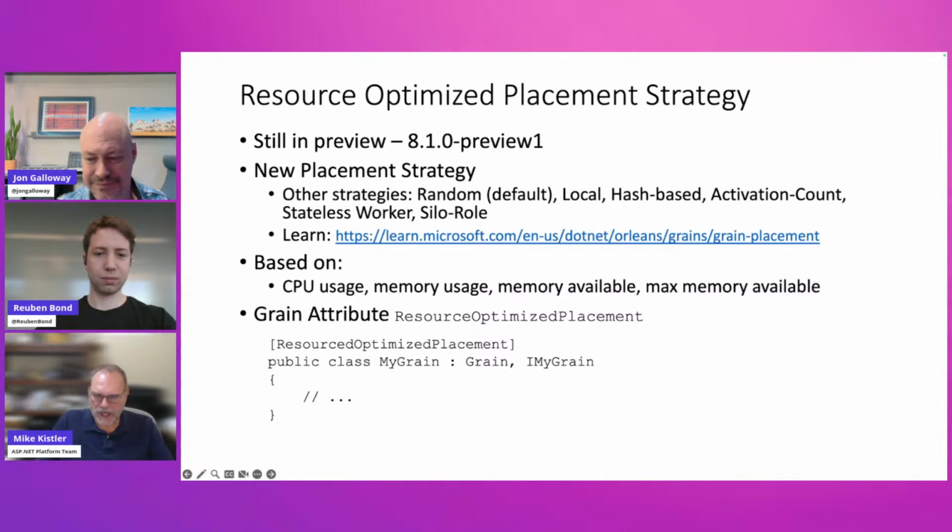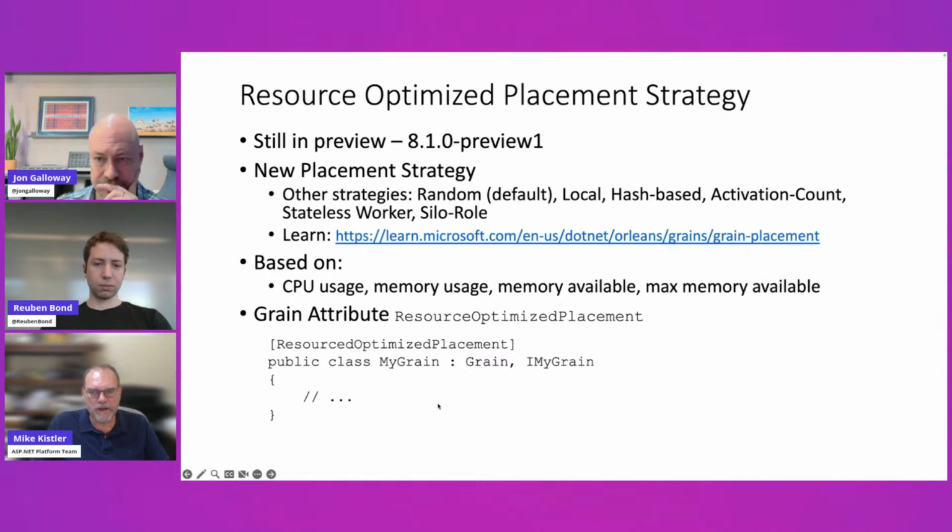So there's lots of information that's available at that link that I put there that you can learn all about grain placement. The new placement strategy, this resource optimized placement strategy, is based on monitoring a set of statistics on each silo: the CPU usage, the memory usage, memory available, maximum memory available, and then it tries to direct new activations for grains to the silo that is least loaded based on a score that's computed from these.